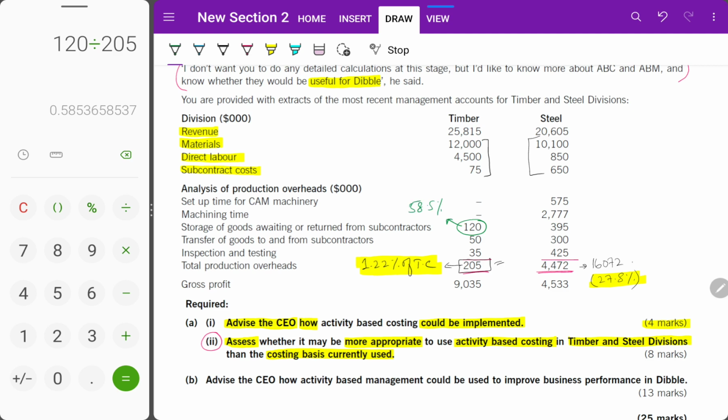So the problem is the total overheads are approximately 1.22% of the total cost, and out of total overheads, 58% are concentrated in a single cost pool. So obviously this is not going again in favor of ABC.